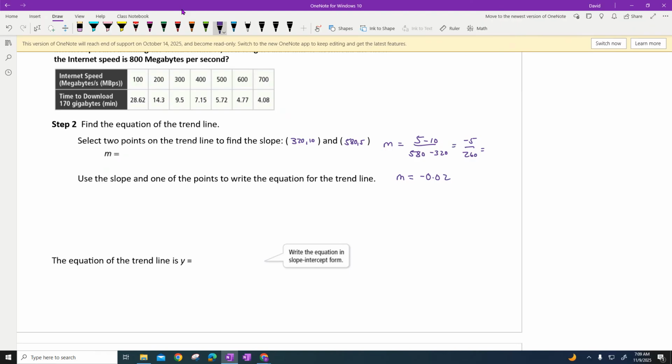Use the slope and one of the points to write an equation for the trend line. So use one of these guys. Again, I don't care if you use point slope form or slope intercept form, but we need to get our final equation here.